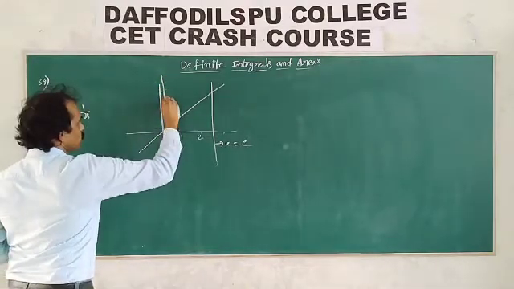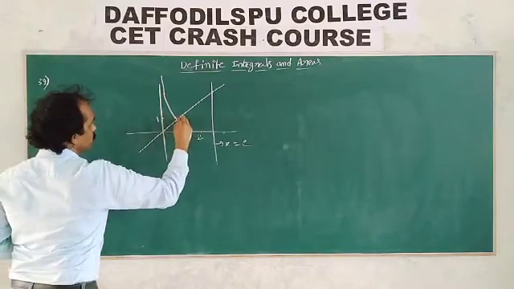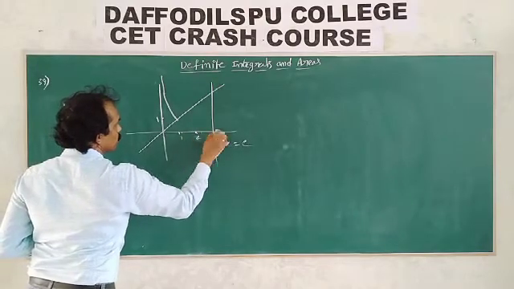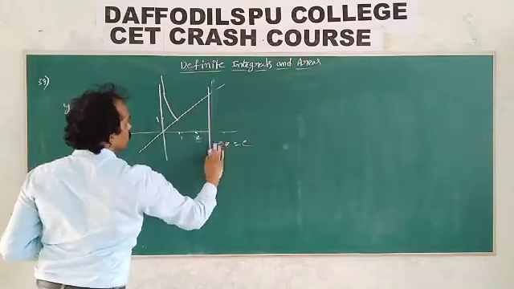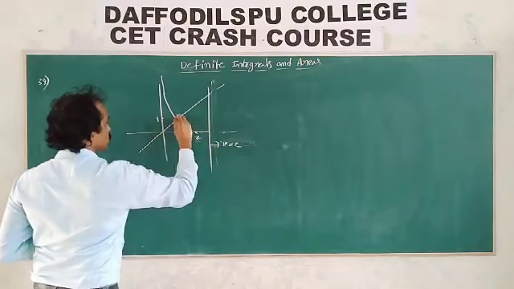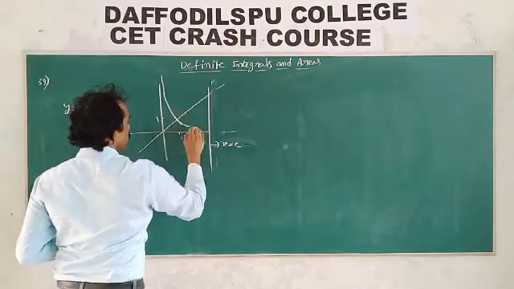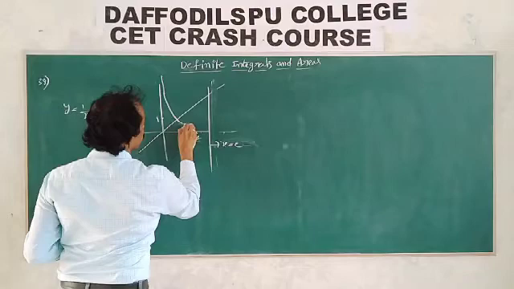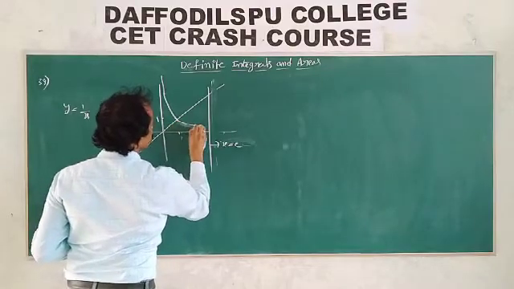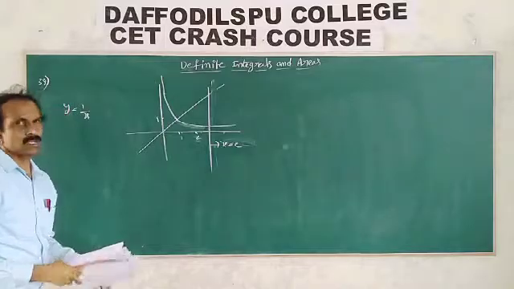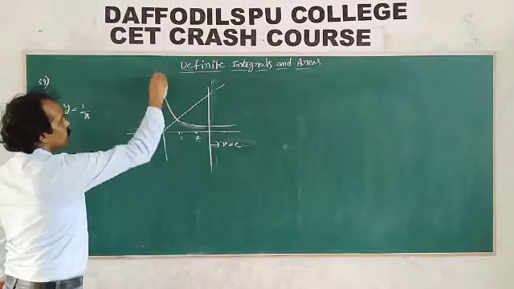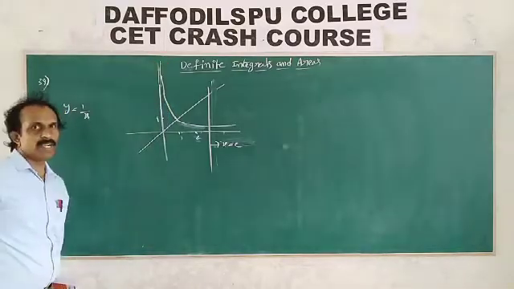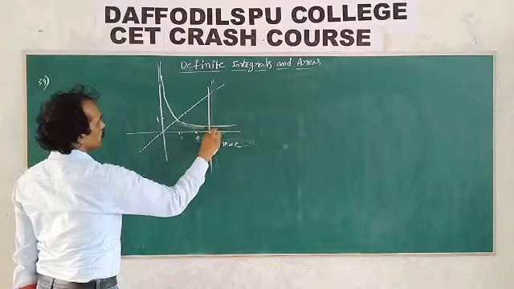At 1, the value is 1. At 2, 1 by 2, 0.5, like this graph. As x tends to 0, the value goes to infinity.